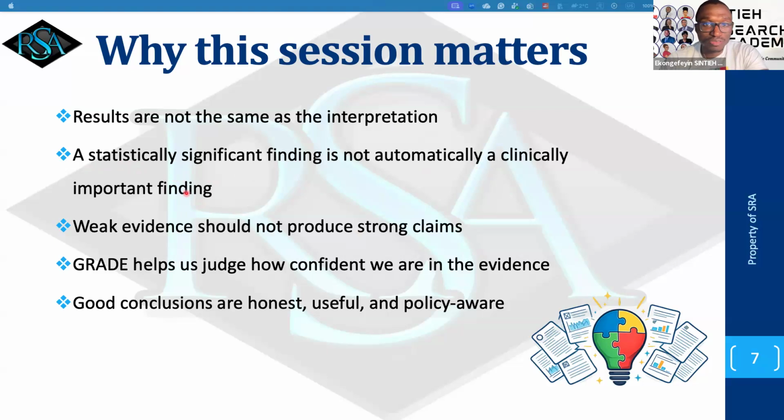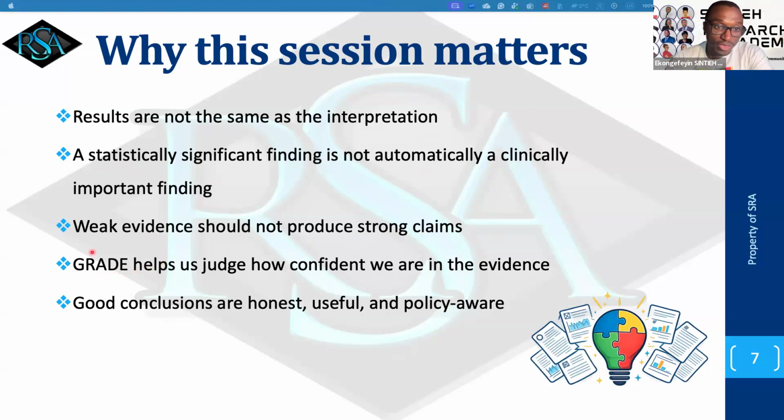So there are some statistical findings that are not clinically relevant. And weak evidence should not produce strong claims. So when you see that there's very weak evidence, you should be cautious on how you talk about the value of the research you have done.